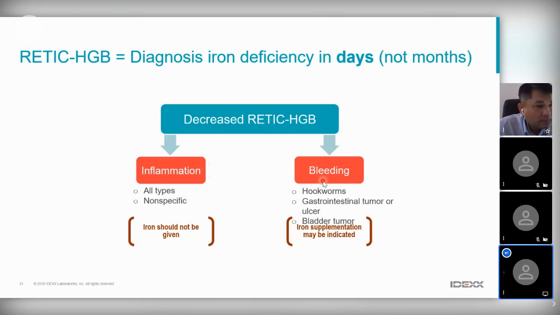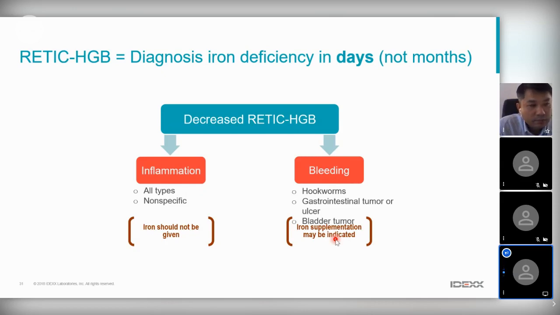And then we have the second cause as bleeding because of some parasites or gastrointestinal tumor or ulcer in cases. So iron supplementation can be indicated because the blood is lost, the iron is lost. So if we give externally the iron, then it could enhance the capacity of the maturation process in the body. And sometimes the bleeding could be internal as well.